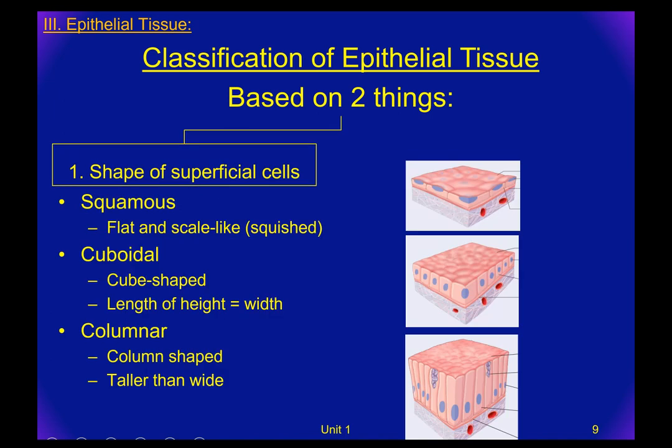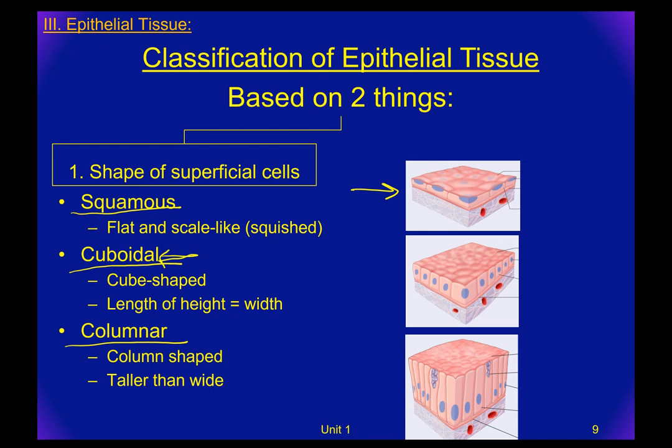We've got three options when it comes to shape. There's squamous, there's cuboidal, and there's columnar. Squamous are squished cells. They look like pancakes, okay? So if you can remember squished, you should hopefully key in on the word squamous. Then you've got cuboidal.